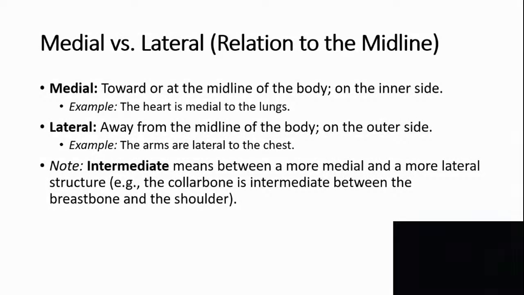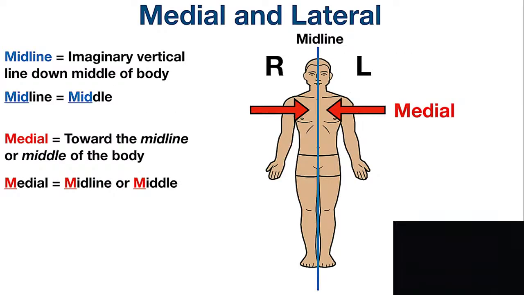So in short, when we are looking at the word medial, we look at towards the midline, and then lateral, far away from the midline. Okay, so that is the illustration that can help us to understand further.